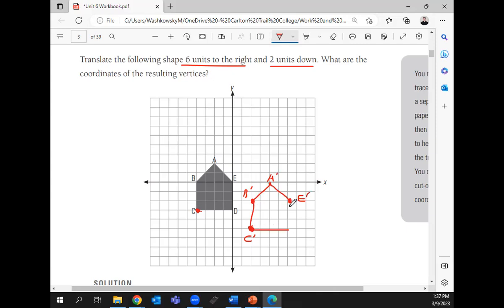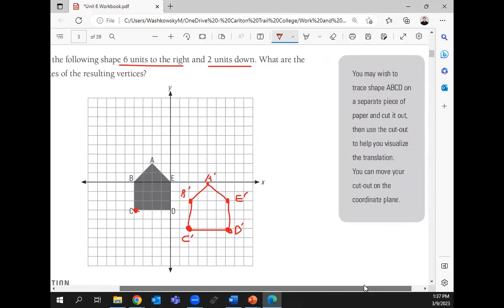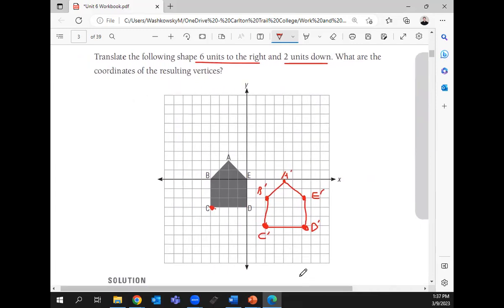And if you connect these two, you're going to end up with D prime. So you should have a shape that looks like this with those exact coordinates. Yeah, there we go. So this is what it's going to look like.